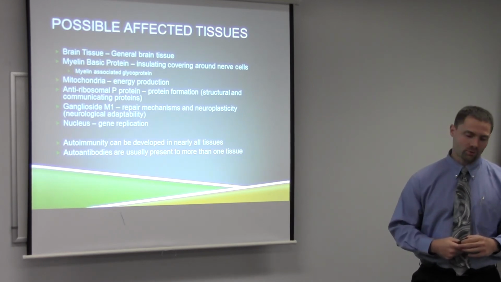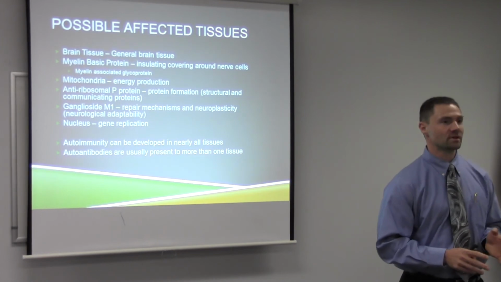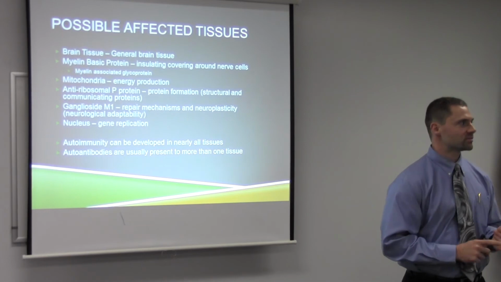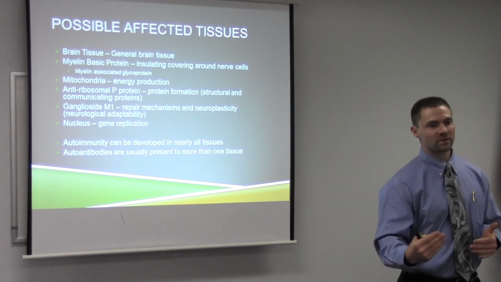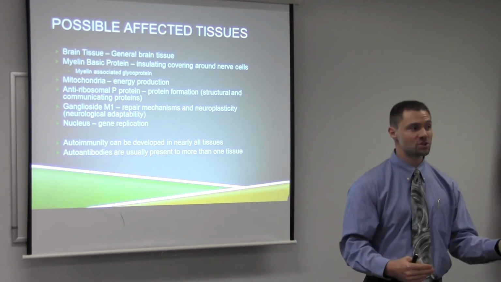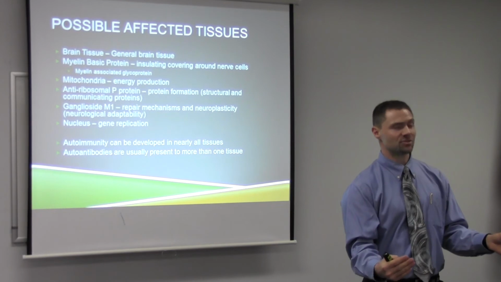Now, here's a key point I want to make. You can develop autoimmunity in almost any tissue in the body. And what's even more disconcerting is that once the immune system has started down this road of dysfunction and it tags one tissue, the likelihood that it's going to pick off another tissue is extremely high.